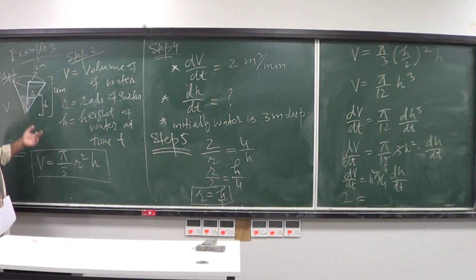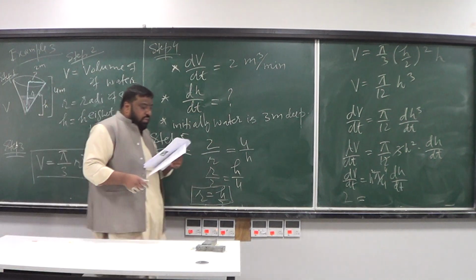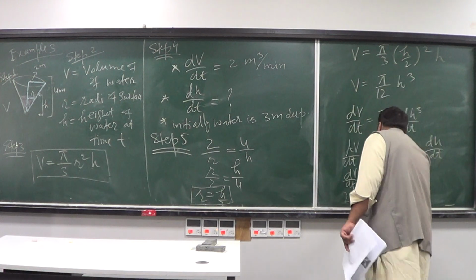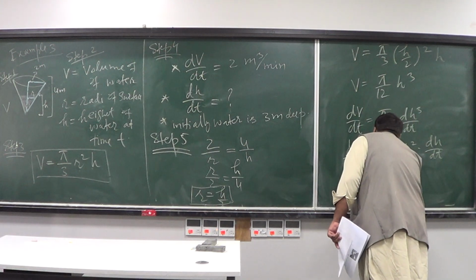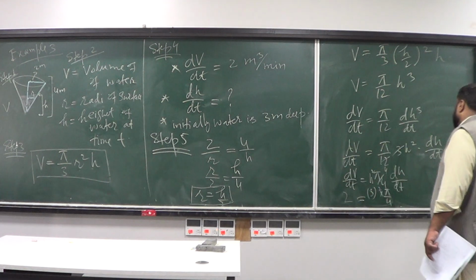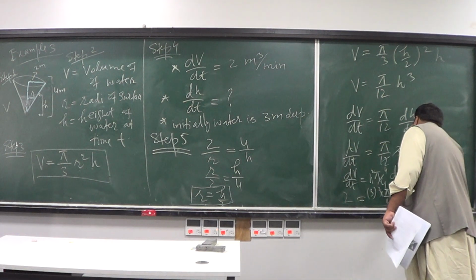That means the height is 3 meters. So you just need to substitute 3 here. So 3 squared times pi by 4 times dh by dt.